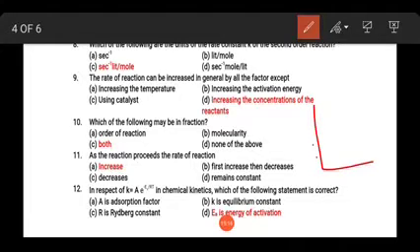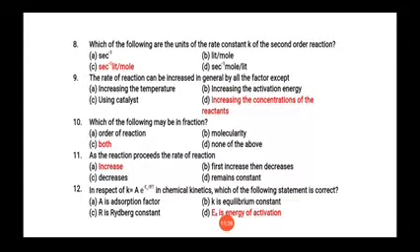Concentration of reactant always decreases, and concentration of product always increases. So whenever the reaction proceeds, the rate of reaction always increases. So the correct answer is option A, increases.